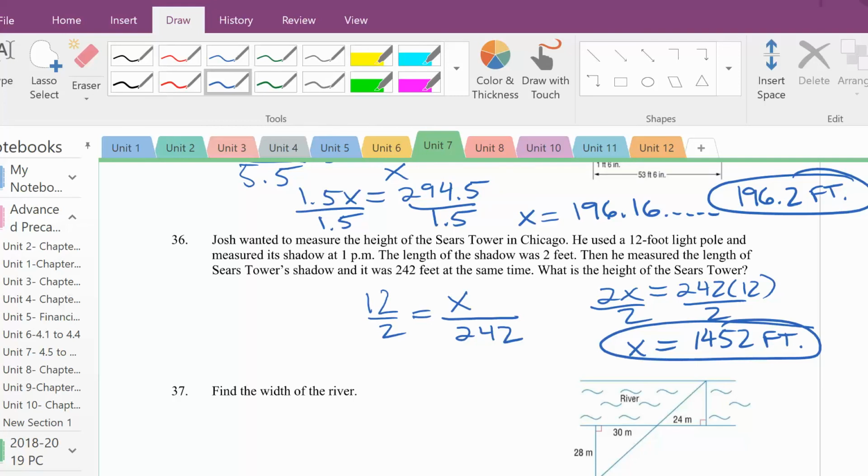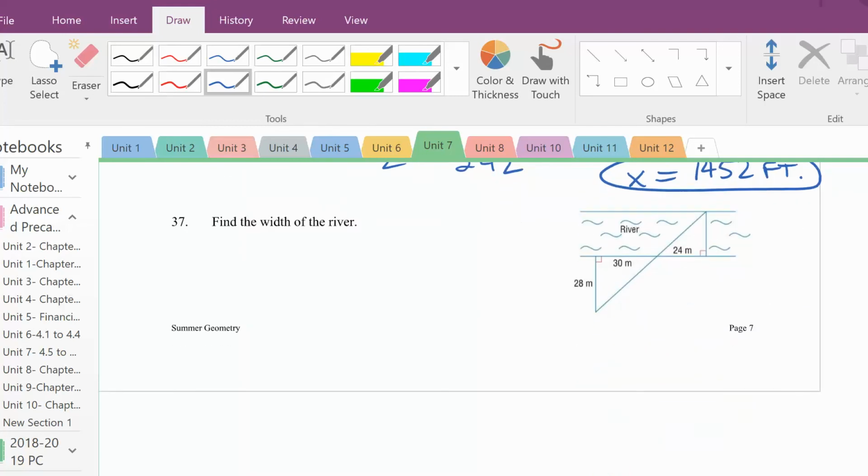All right, find the width of the river here. Well, you have two similar triangles because you have two right angles and then the alternate interior angles here. So angle-angle similarity, and the vertical angles. So 24 over 30 is the scale factor, which reduces to 4/5.